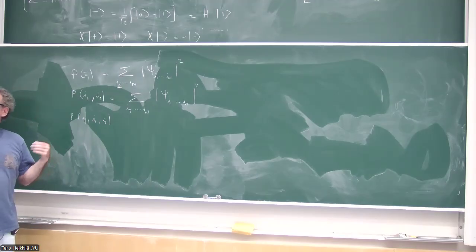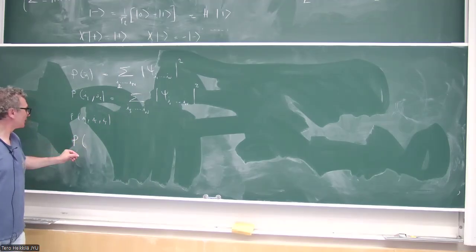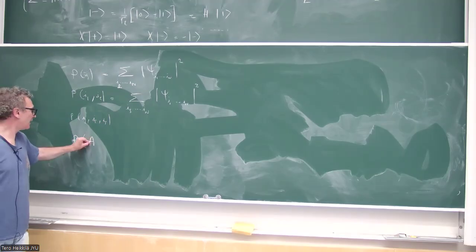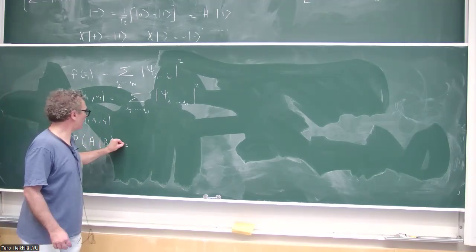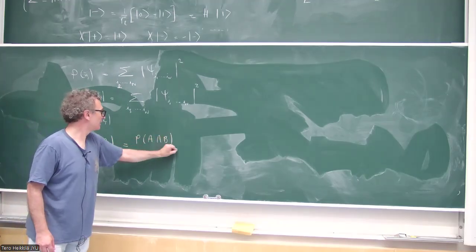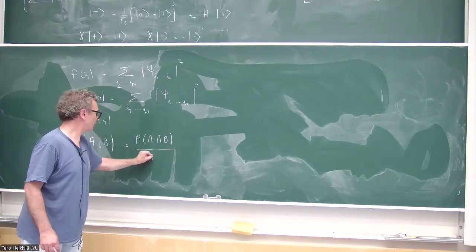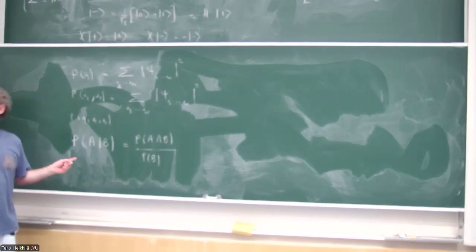So now if you want to sample, you will use Bayes formula. If you have the probability of A knowing B, it's equal to the probability of having A and B together divided by the probability of B. This you have seen, I guess, right?